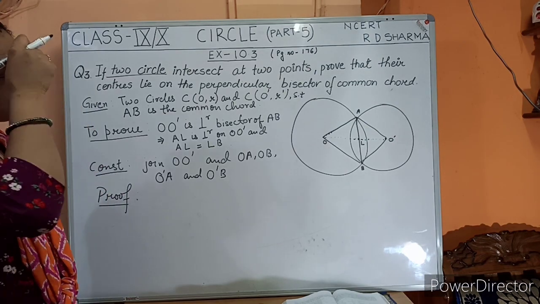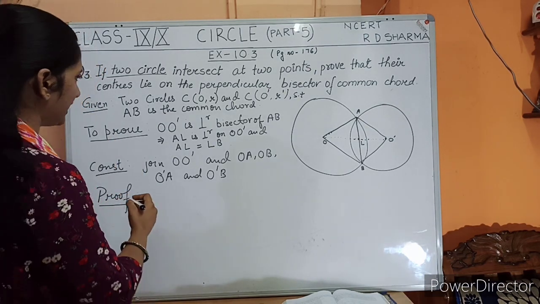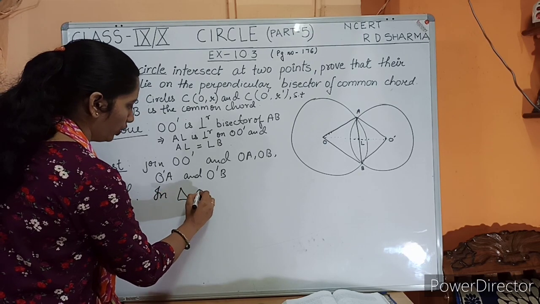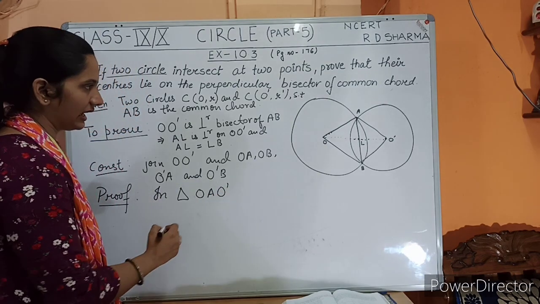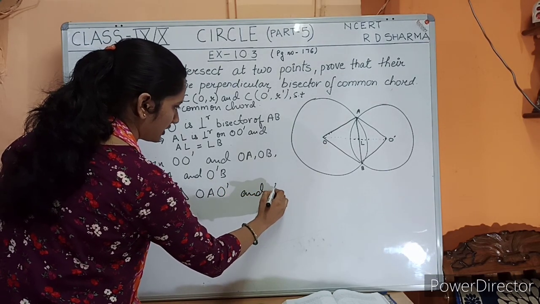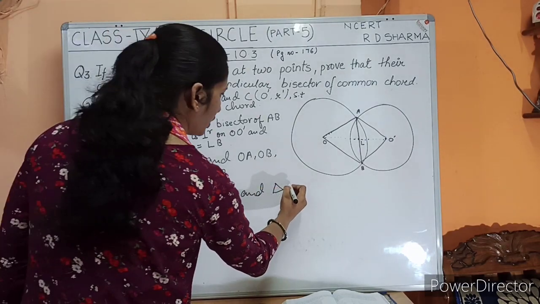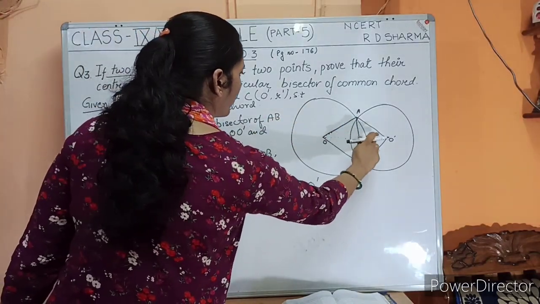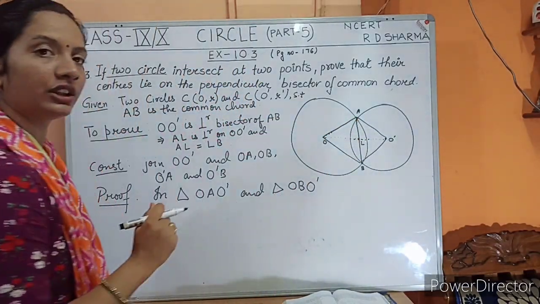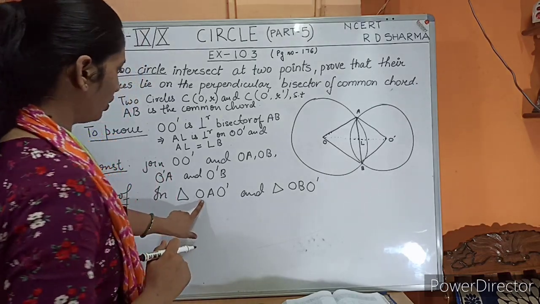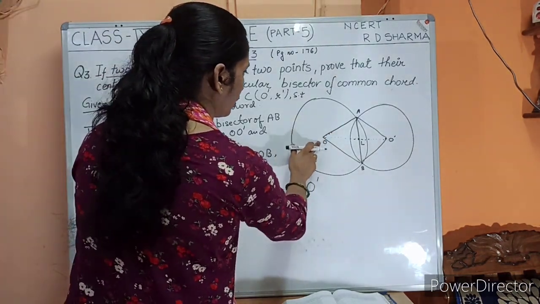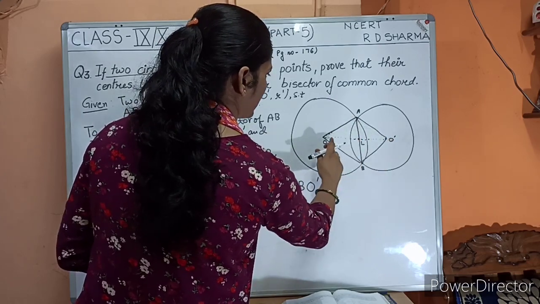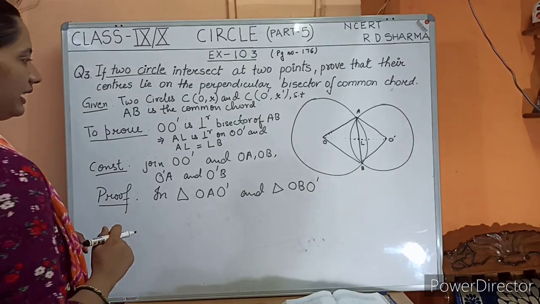Okay, so children, we will take two triangles here. In triangle OAO dash and triangle OBO dash. ये ऊपर वाला और ये नीचे वाला, ये दो triangles हम लेंगे. ठीक है, OAO dash, this upper one, and OBO dash, this downward one.